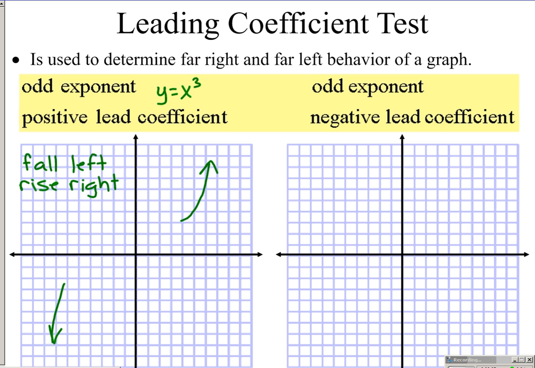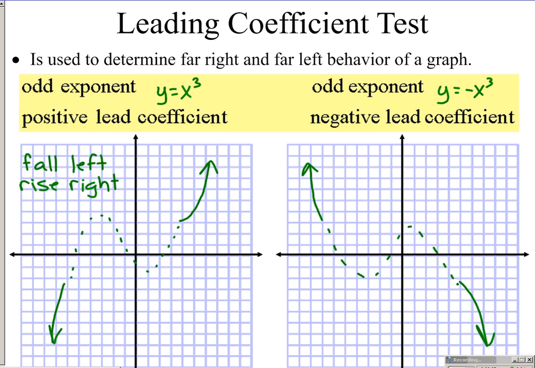What goes on in the middle here, we're not concerned with right now. We're only concerned in what does our graph look like all the way on the left and all the way on the right. If there is an odd exponent with a negative lead coefficient, something like this, now those are obviously going to be reversed. It's going to rise to the left, fall to the right. Again, what's going on here in the middle, we don't know for sure.